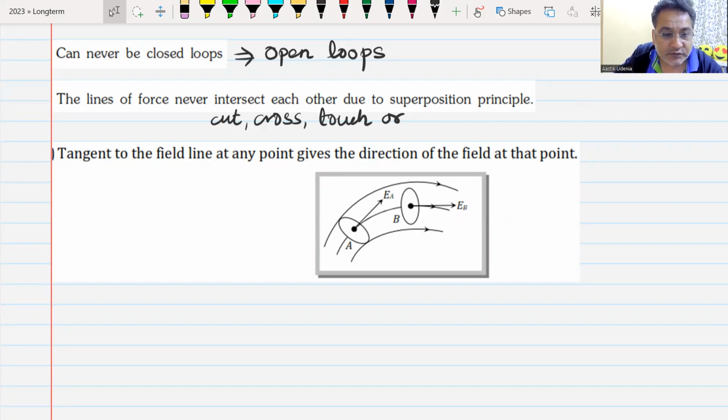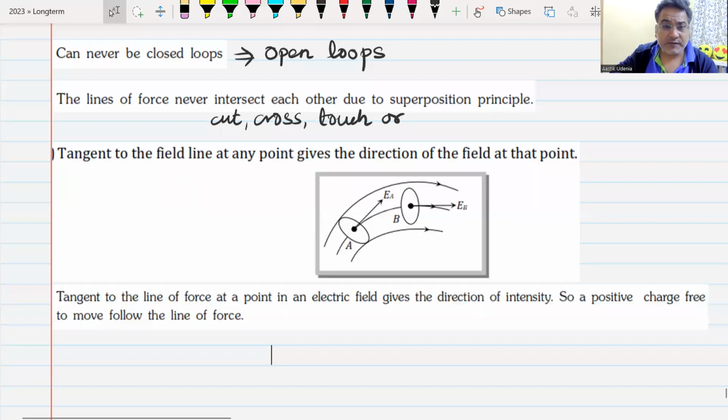Now, the tangent to the electric field line gives us the direction of electric field, and therefore it will also give us the direction of electric force on a positive charge, because a positive charge always experiences force in the same direction. Do we understand this? Yes, sir.